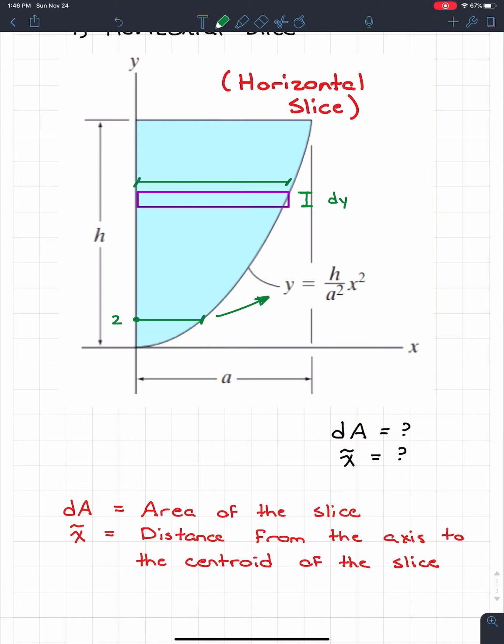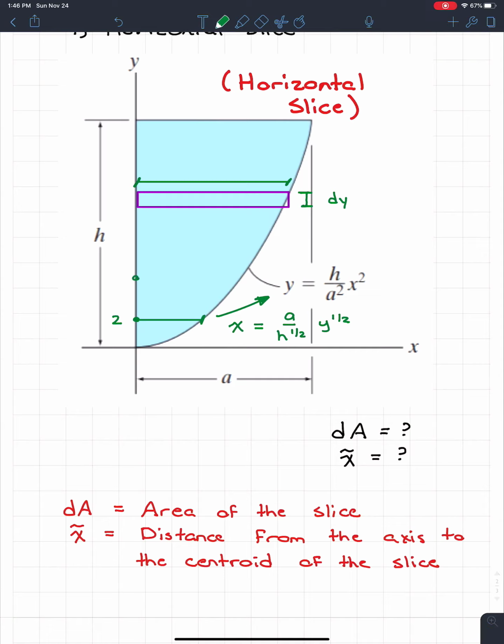We can rearrange this formula and we can go, okay, x right here is going to be equal to a over h to the 1/2 times y to the 1/2. So that's just rearranging the formula. So if we know y, we can figure out x at that point right there.